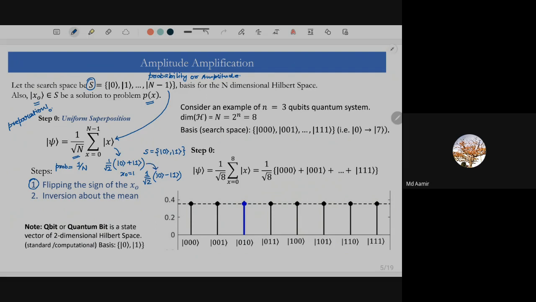Now the second part is the inversion about the mean. We take the mean of the amplitude, and then we invert the amplitude about the mean of the amplitude.